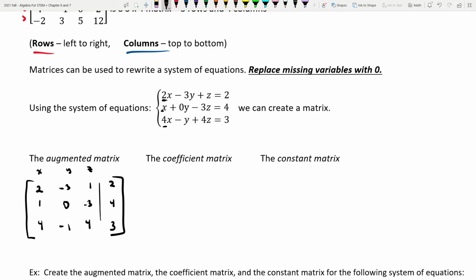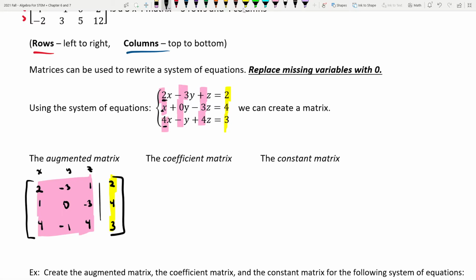So this augmented matrix has 2 parts. It has this part here, which is the coefficients of all of the variables, and then it also has this part here, which is the constants over on this side. We can write these matrices separately.